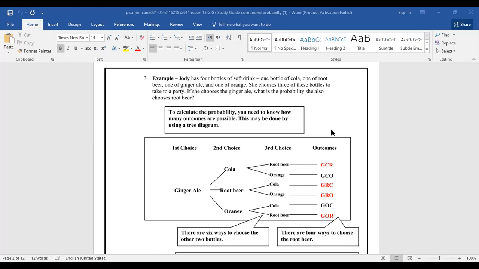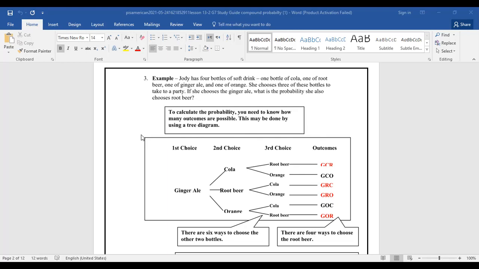For the third choice here, we have 1, 2, 3, 4, 5, and 6, right? There are 4 ways to choose the root beer.